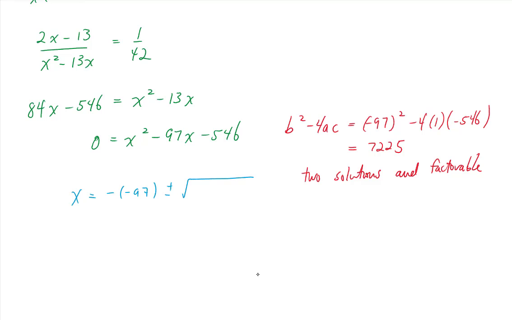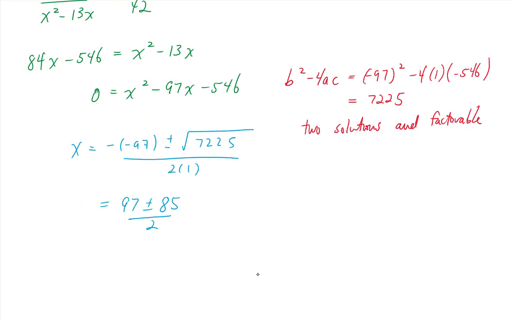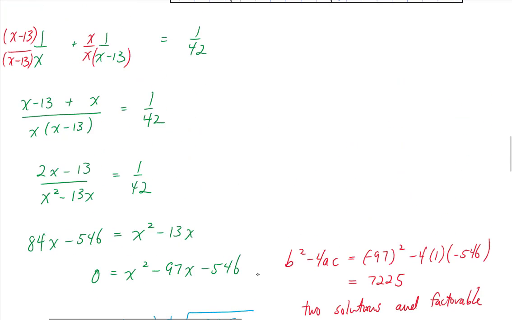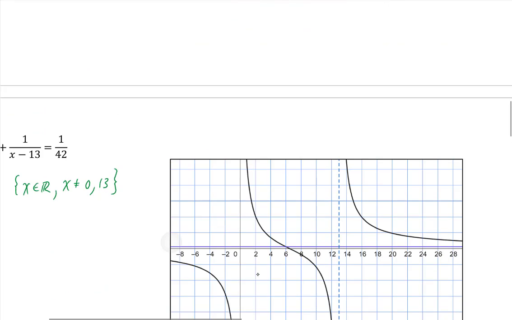We've already determined the discriminant to be 7,225. So we have two solutions to this equation. We have both x = 6 and x = 91. Again, we can check our work by subbing these two x values back into our original equation.